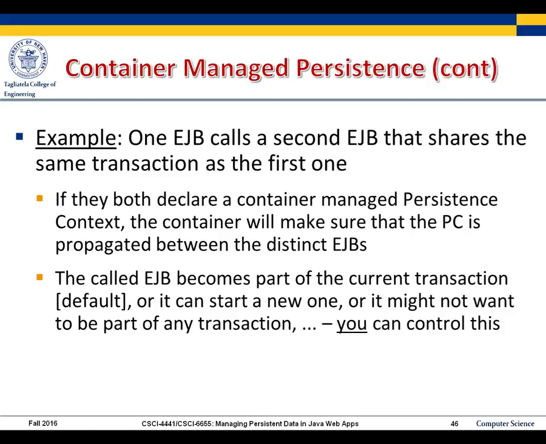Now, when you have a transaction, whether it's an EJB transaction or a JPA transaction, if you're in the middle of one transaction and you call some method that actually starts another transaction, and this is true in both cases, either for the EJBs or the JPA entities, the normal default behavior is that the thing that you're calling becomes part of the first transaction.